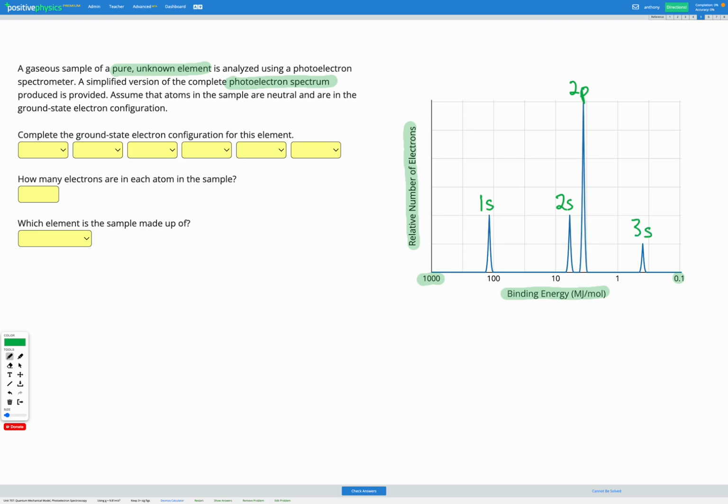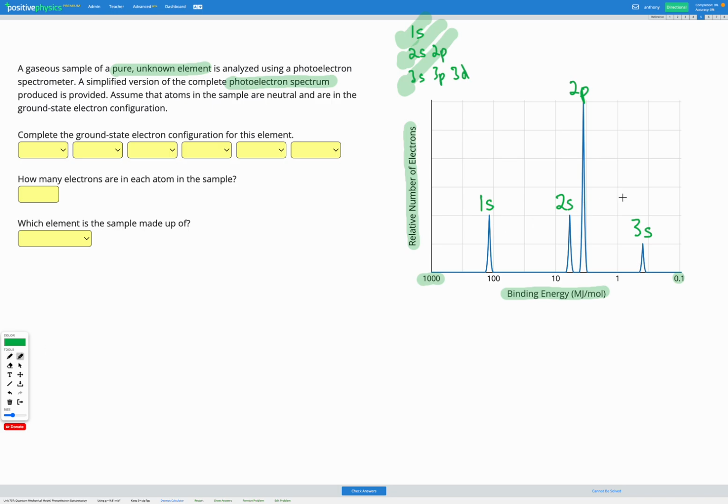Because based on our little diagram that we've been drawing, when we draw our diagonal lines to remember the order, it's 1s first, then 2s, then 2p, then 3s. Okay, so that's what each of our peaks shown here represent.